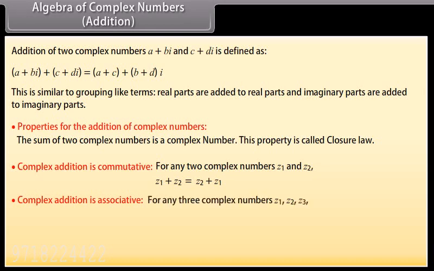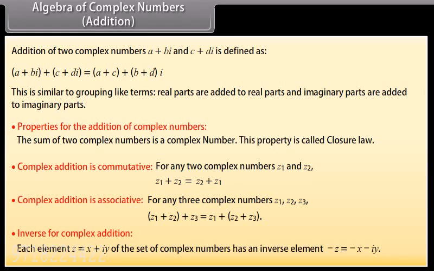For any three complex numbers Z1, Z2, Z3, Z1 plus Z2 plus Z3 is equal to Z1 plus Z2 plus Z3. Inverse of complex addition. Each element Z equal to x plus iota y of the set of complex numbers has an inverse element. Minus Z is equal to minus x minus iota y.